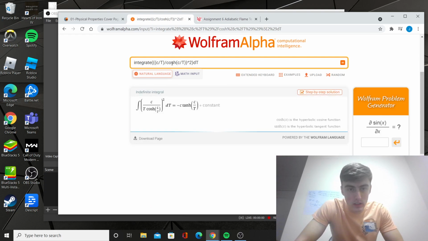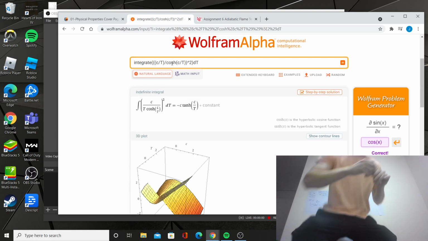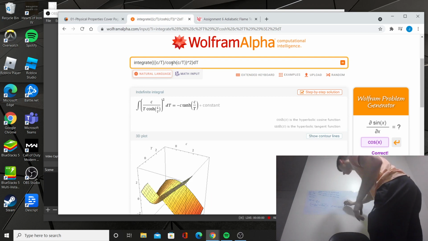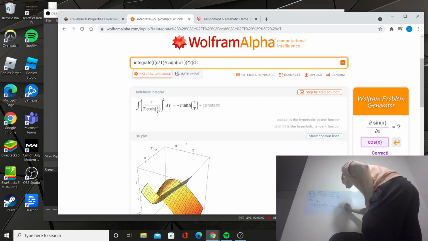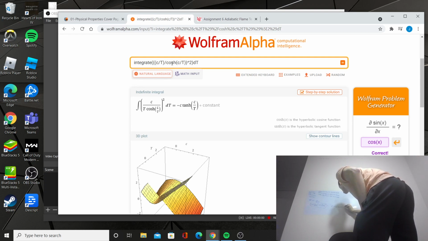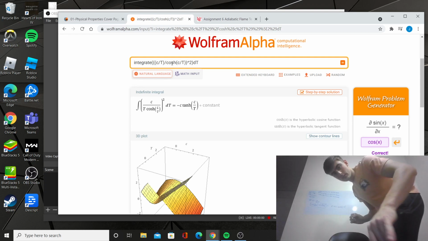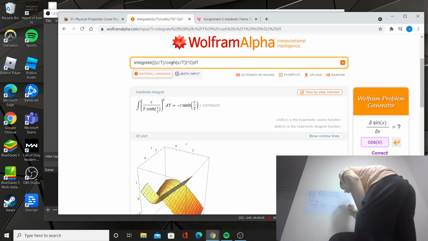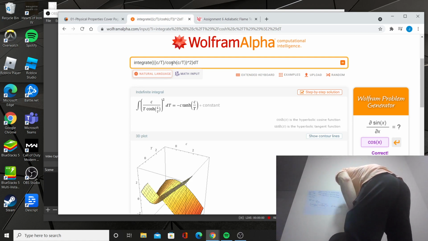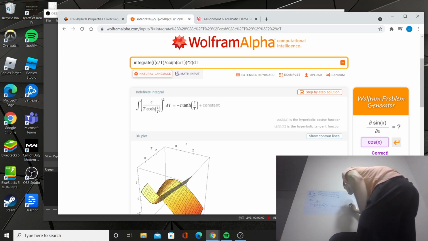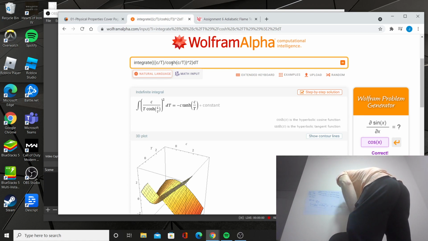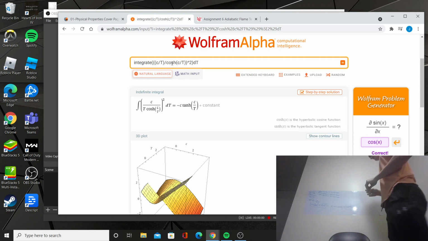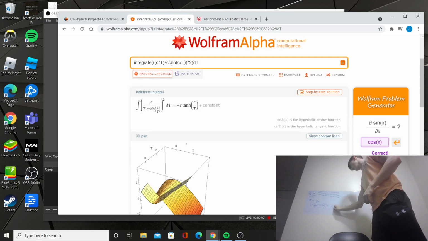And instead of a plus, since there's a negative in the integral, we're going to do minus D times E of, is that hyperbolic tangent, of E over T. And there we go, that's the integrated equation.